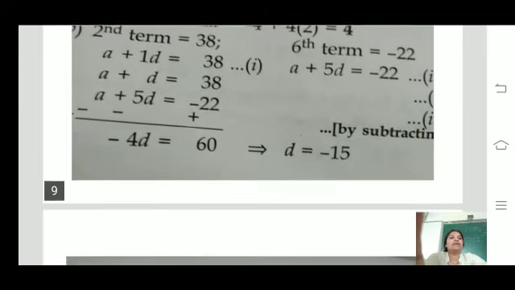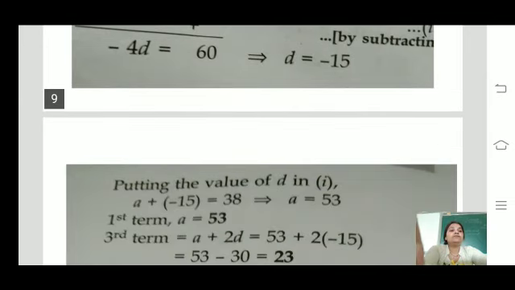Now combine equation number 1 and 2 and subtract. After subtracting, plus A minus A get cancelled. We have D minus 5D gives minus 4D equals 38 plus 22 gives 60. Hence minus 4D equals 60. After simplification we have D equals minus 15.